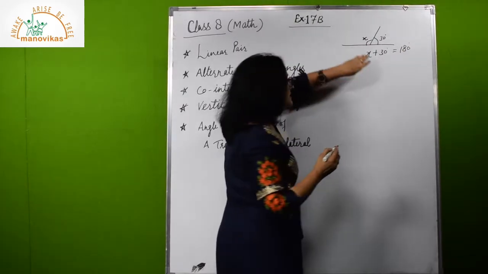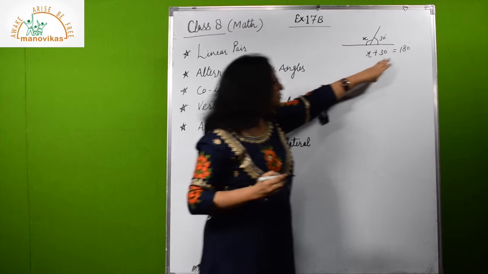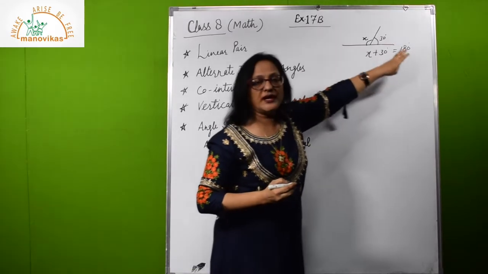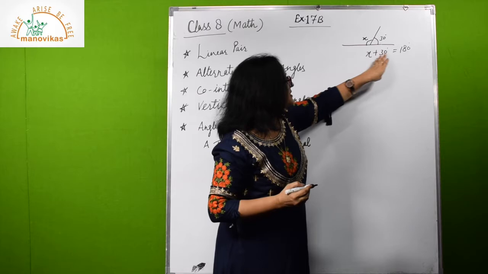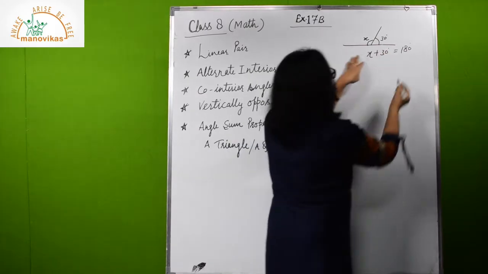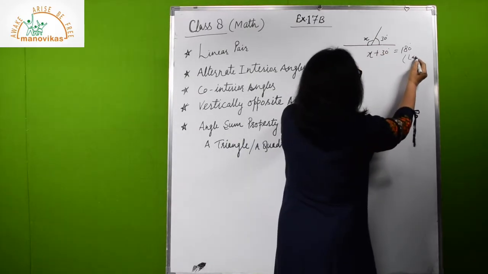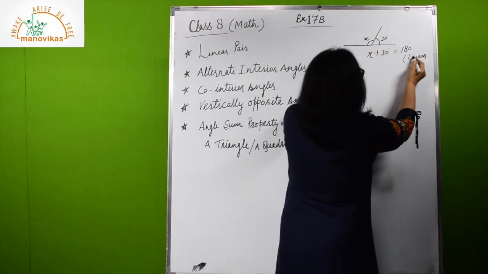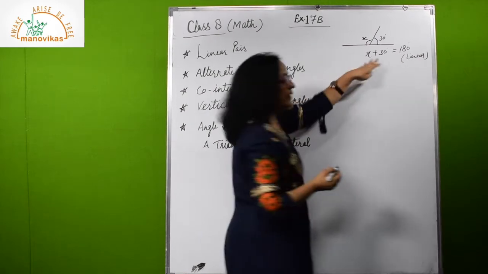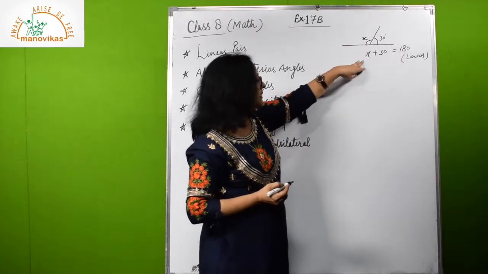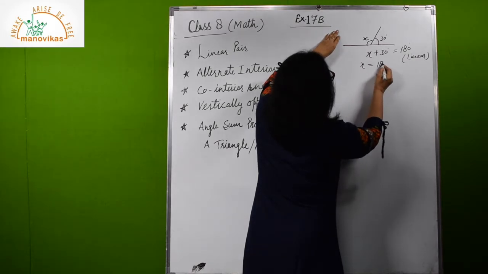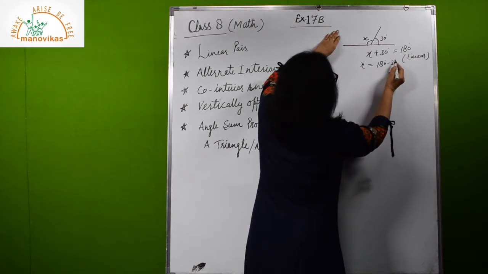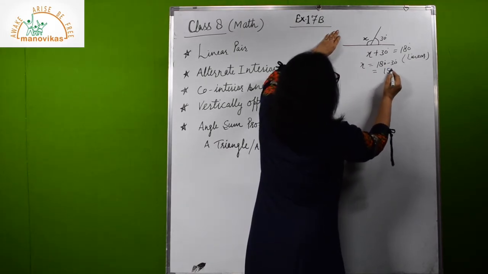And as I had explained many times, whenever you are taking any result, you have to mention that result in the bracket. So x plus 30 is equal to 180 degree. Why? Because it is a linear pair. This you will explain in the bracket, why you have taken the sum as 180 degree. So from here you can find x is equal to 180 degree minus 30, that is equal to 150 degree.